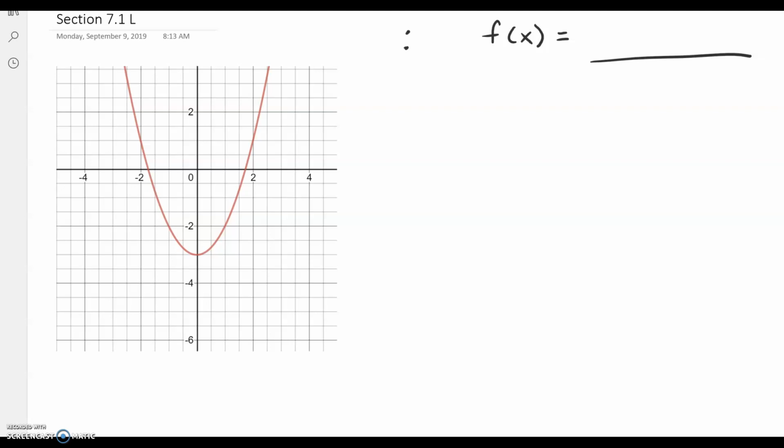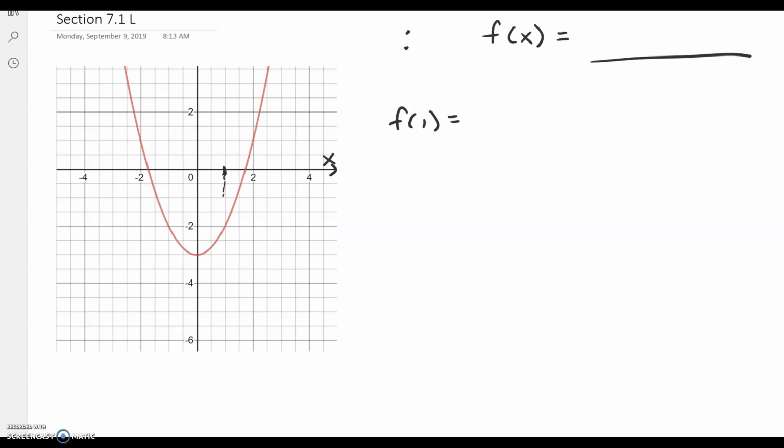But before I do that, let's try to use the picture, the graph of the function, to find out what the output is when you input x equals 1. Well, the x numbers are on this x-axis, and x equals 1 is right here.